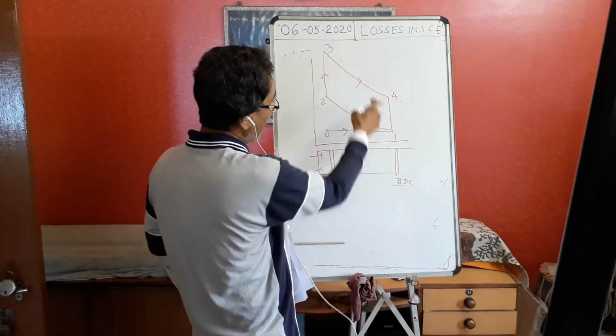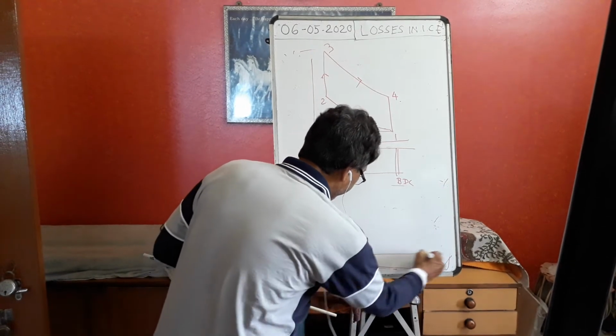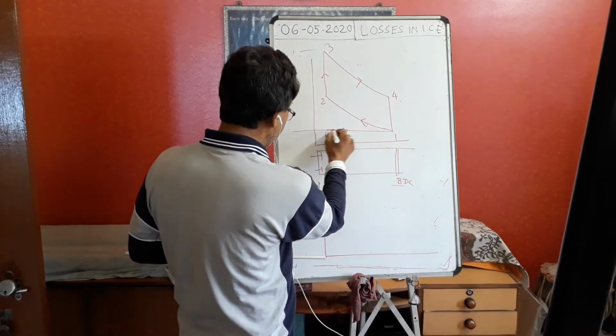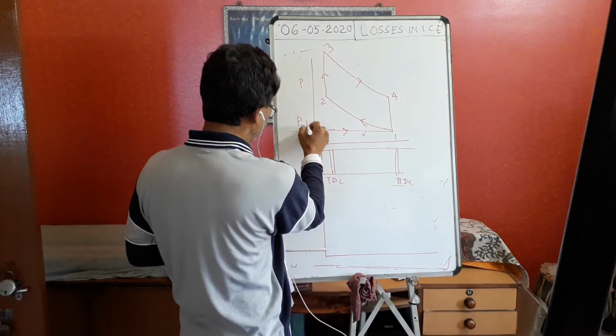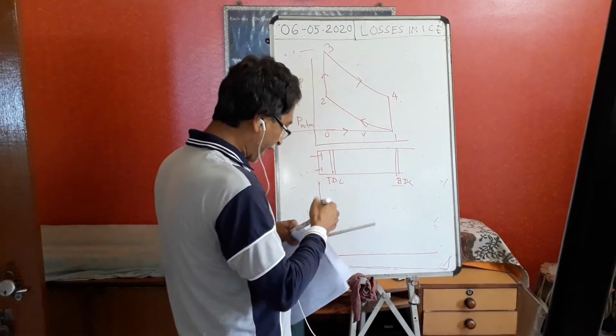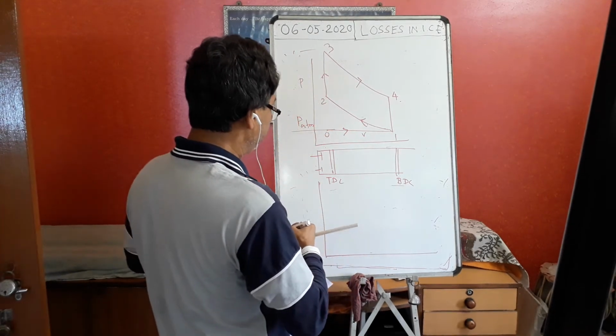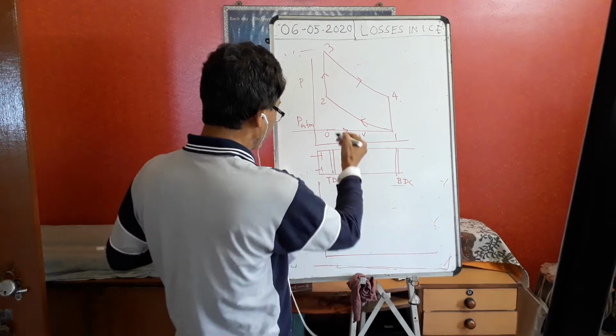The actual diagram is slightly different. This is the PV diagram, and this line is the atmospheric line. But actually this doesn't happen like that.